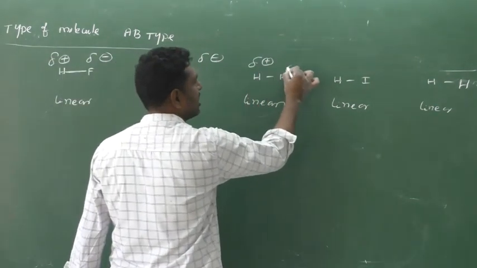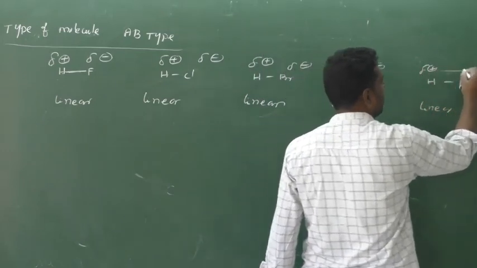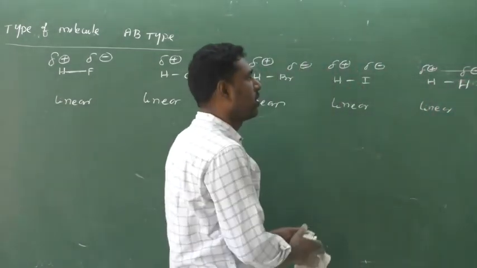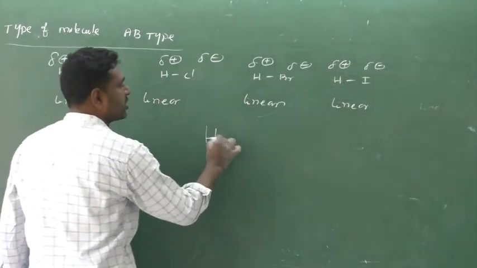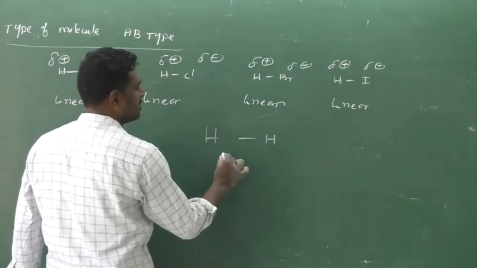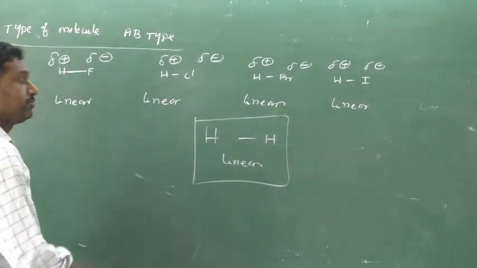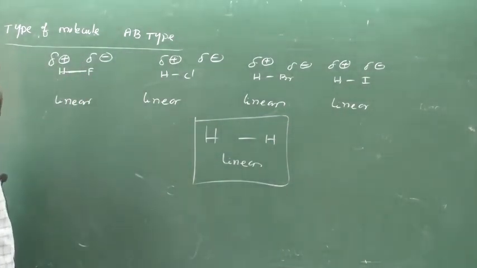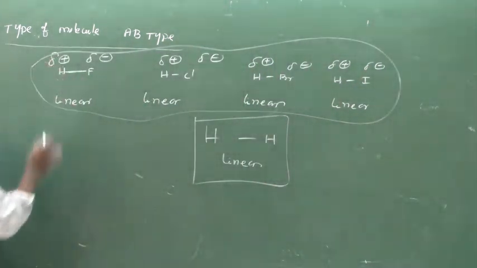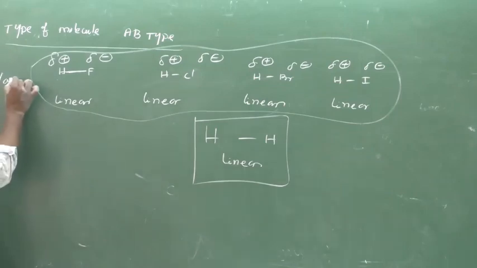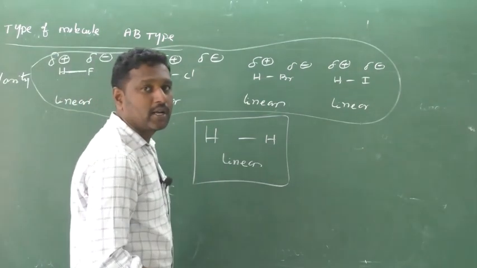But in hydrogen there is no charge at all, because the atoms are the same, therefore it is a linear molecule with no polarity. Therefore these other molecules exhibit polarity.